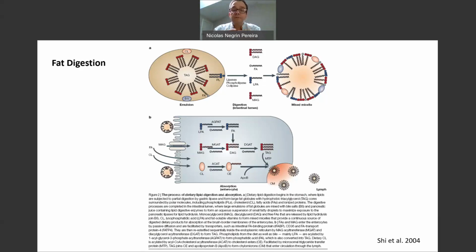So the mixed micelle is formed by bile salts on the periphery, and also the presence of cholesterol molecules, phospholipids, and the lysophosphatidic acid. This is a kind of mixed structure, that's why it's called mixed micelles.